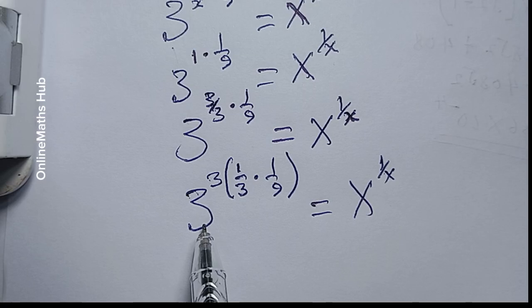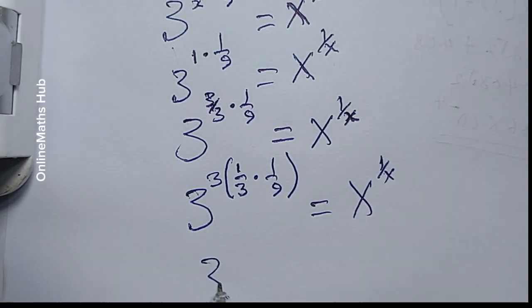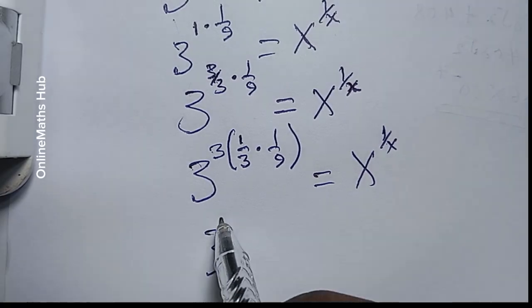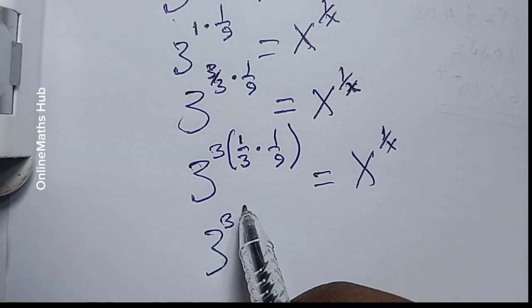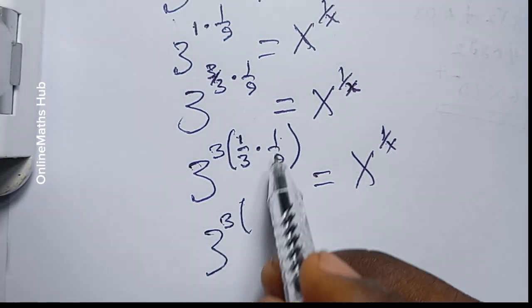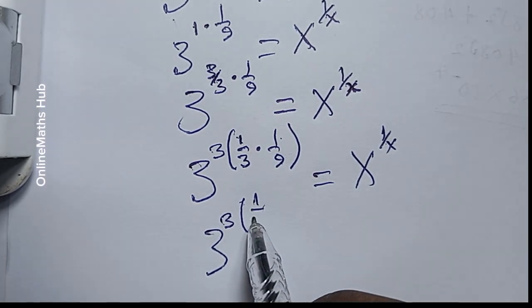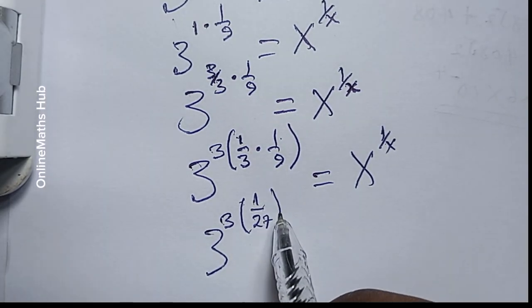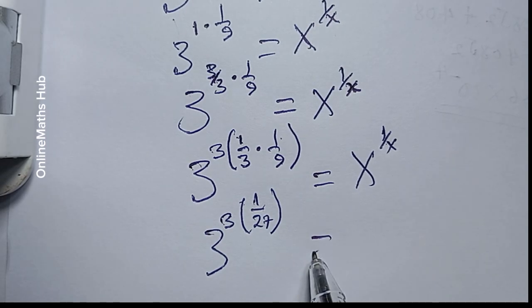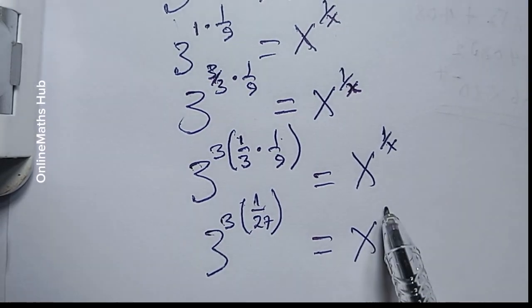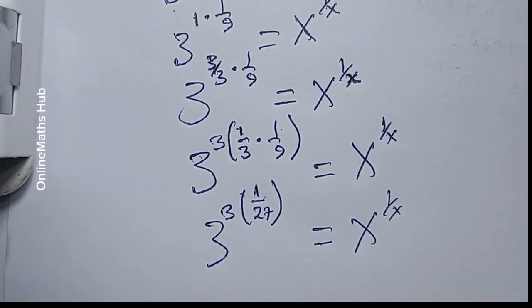At this point we can proceed to simplify. So this is 3 power 3, into 1 multiplied by 1 is 1 over 3 times 9 is 27 right here, and this is equal to x power 1 over x.